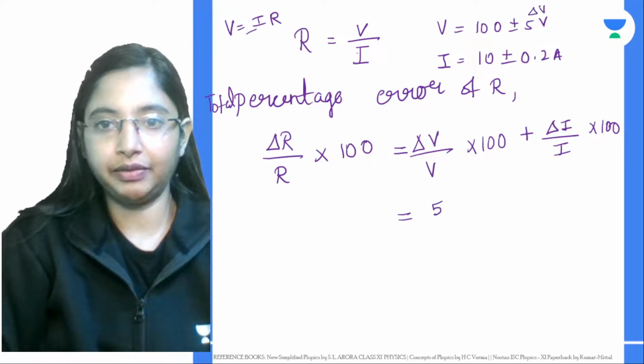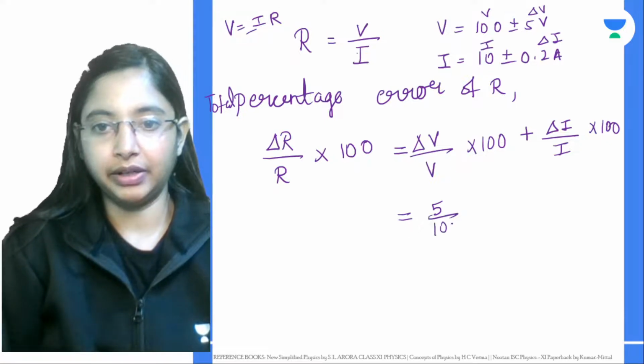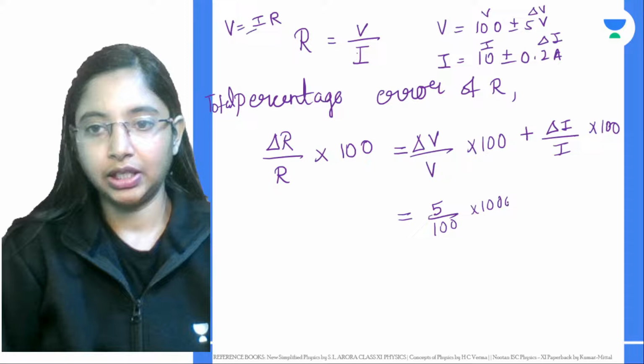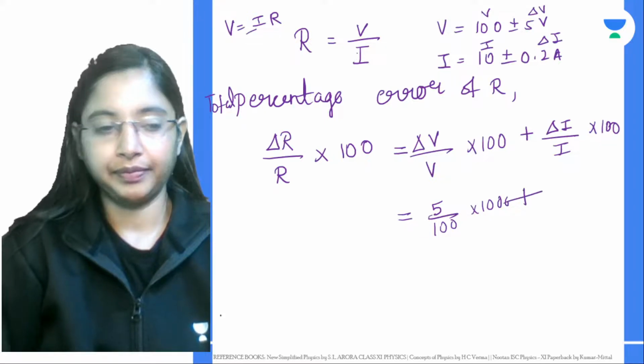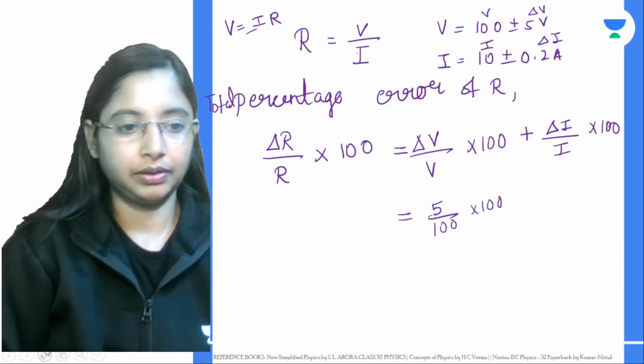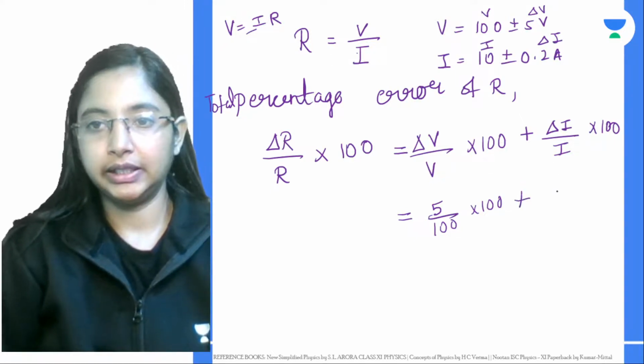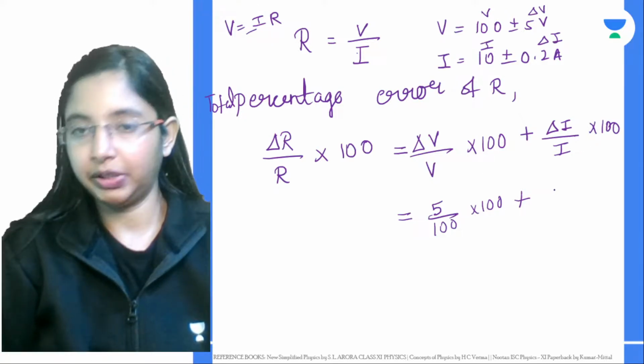This value is delta V, this is basically V, this is delta I, this is basically I. Plus what about the current?